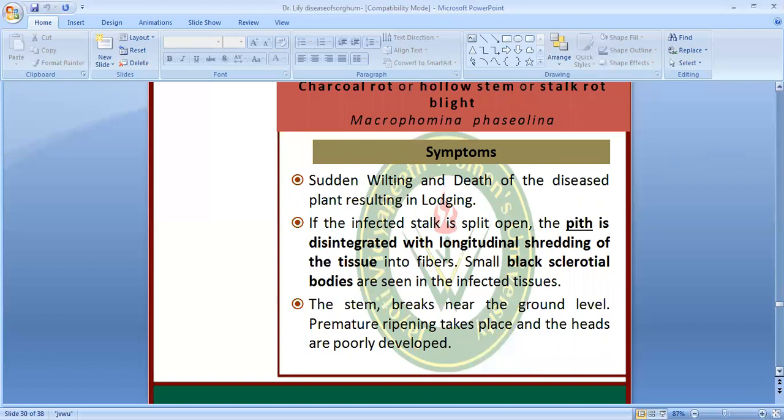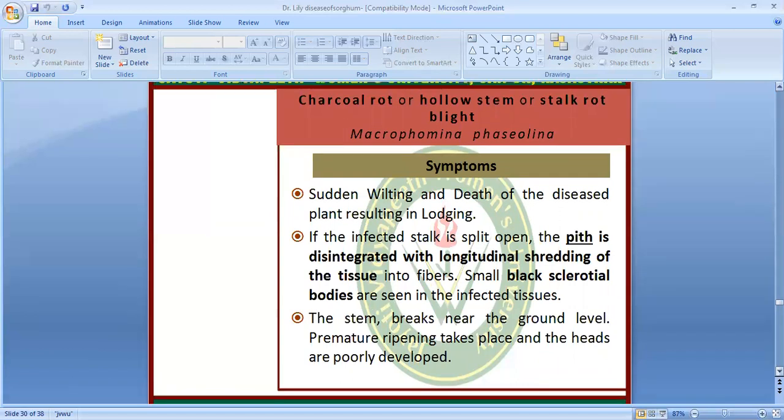Another disease which we are going to discuss today is charcoal rot, or hollow stem, or stalk rot blight. The causal organism is Macrophomina phaseolina. What are the symptoms? Sudden wilting and death of the diseased plants, resulting in lodging.